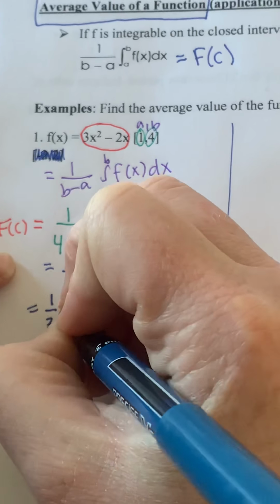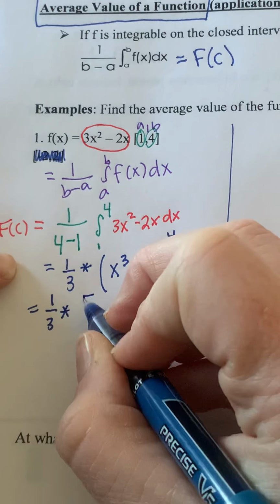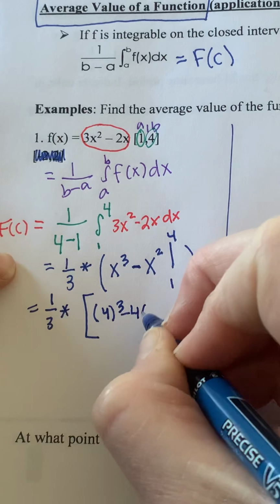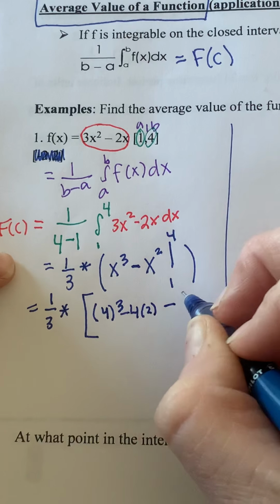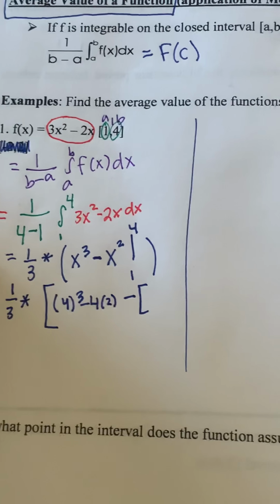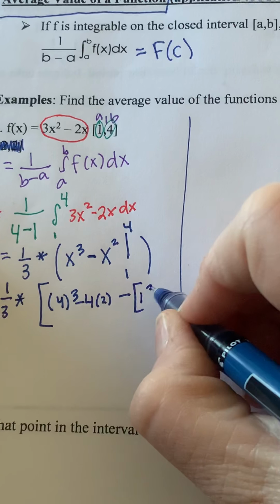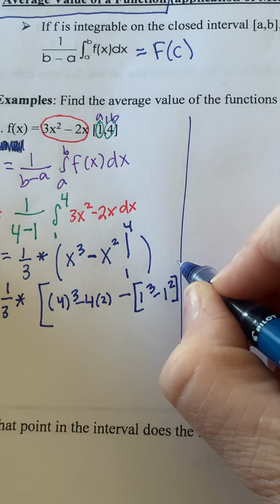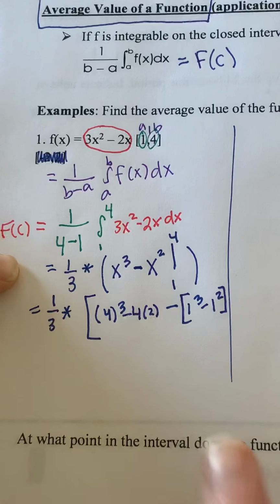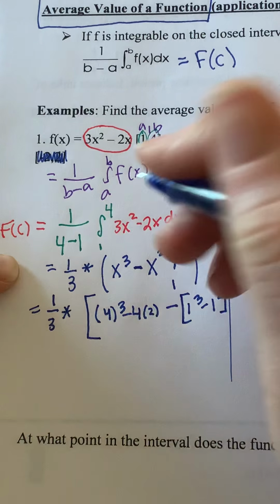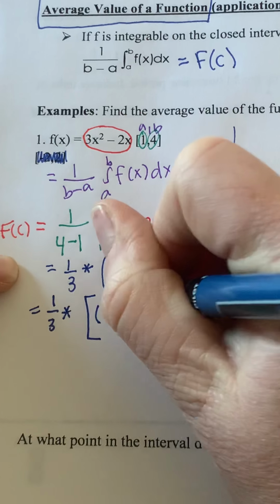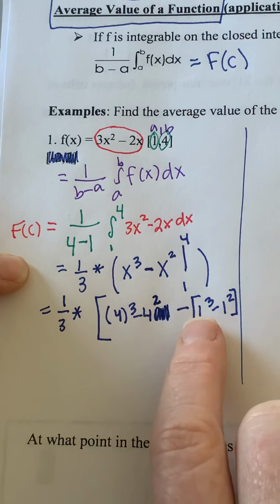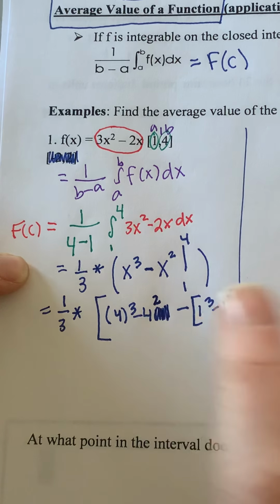So 1/3 times, now let's plug in the 4 and the 1. So I'll do 4 to the 3rd minus 4 squared, minus, sorry, I have a bunch of brackets going on, but 1 to the 3rd minus 1 squared. Okay, hold on, I wrote this wrong. 4 squared, not 4 times 2. Sorry. Okay, so we have 4 to the 3rd minus 4 squared minus 1 to the 3rd minus 1 squared.